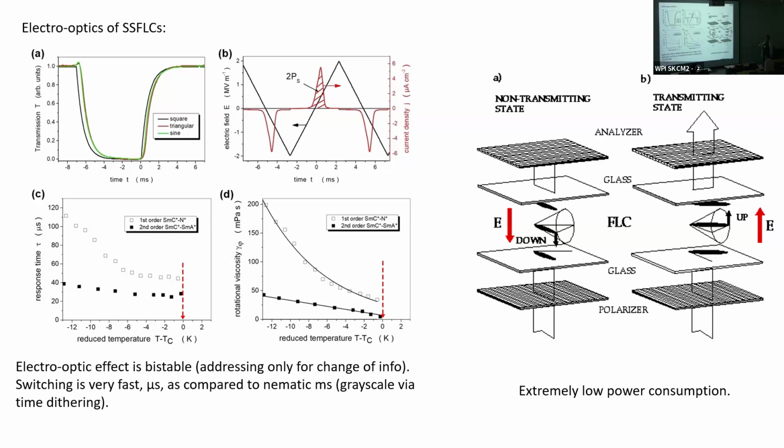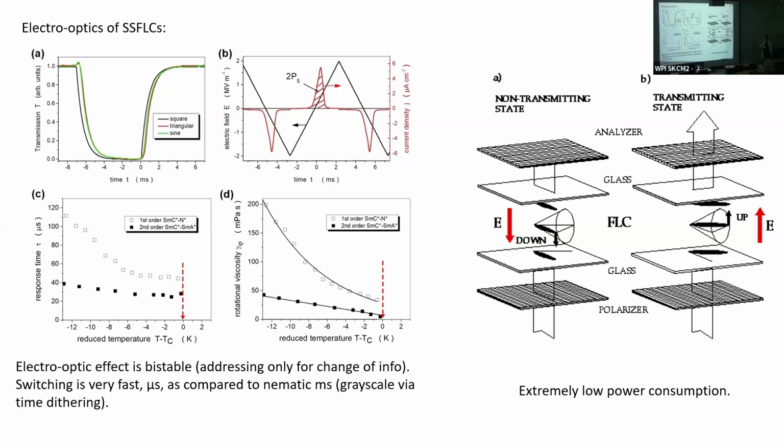So the idea is basically this one. You come in with light, you polarize your light, you orient one of your states parallel to this incoming light, which is, let's say, polarization down. There will be no birefringence, and everything will be absorbed by the cross polarizer.